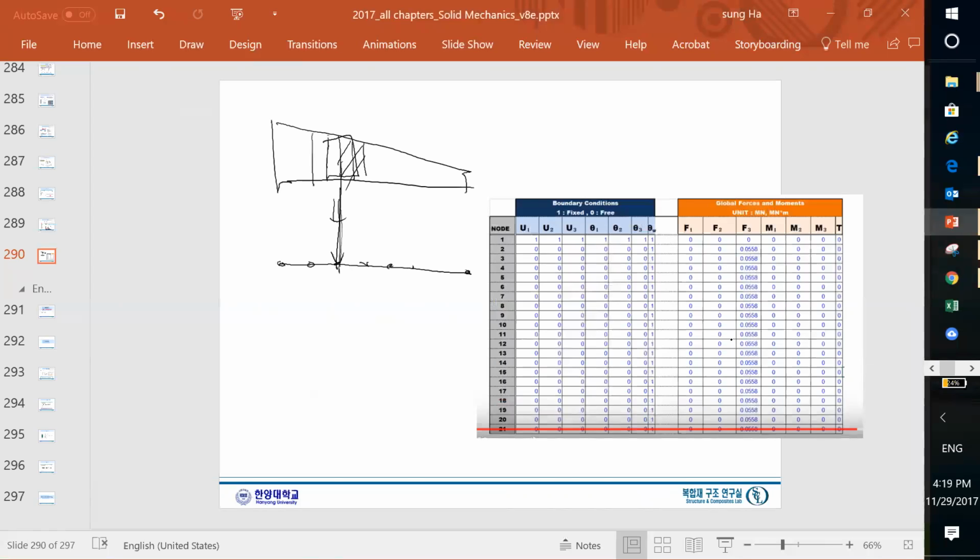Because this one is modeled as a line, right? So all the load goes here. Let me redraw. Let's say this is the element line, okay? The same as here, here, here. Now the force applied here is about half of this amount. And here, say we have a node here, about the same in the middle, and here it goes to here.